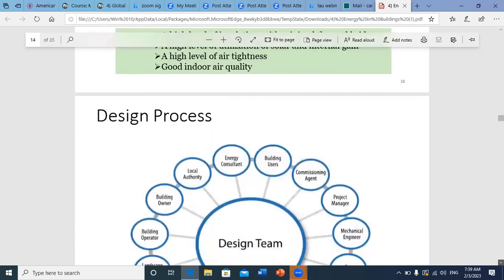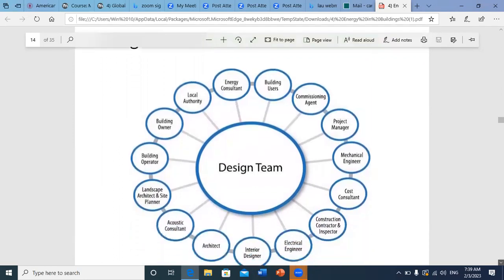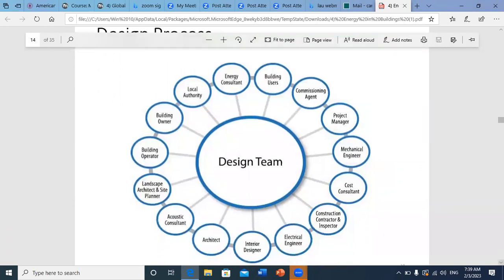Now, we already discussed together the design process, and now we are applying it for a specific energy project, which is the design of energy in buildings. So whenever we want to design a building, we should make sure of efficient use of energy. This is why we need a design team to cover all possible aspects, and the interaction between members of your team will make your design better and better.